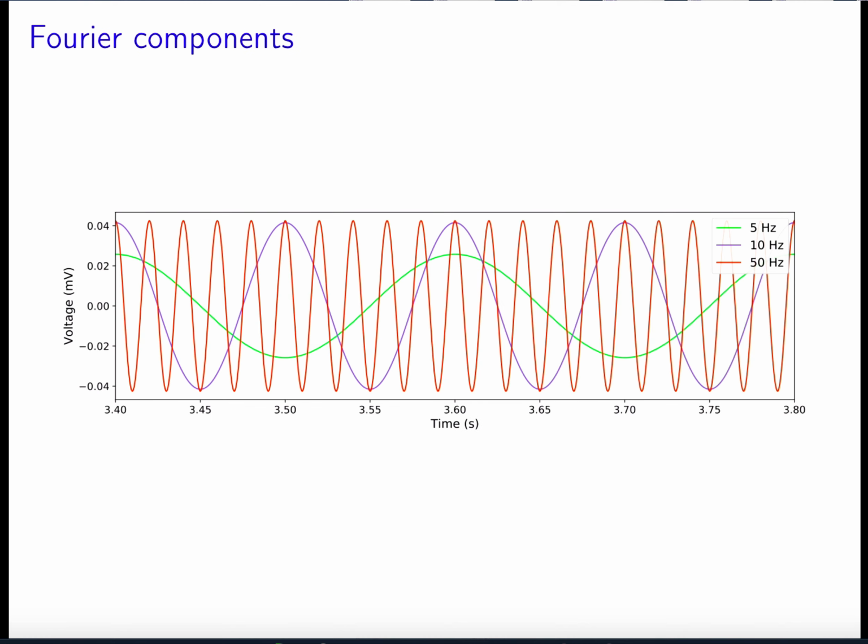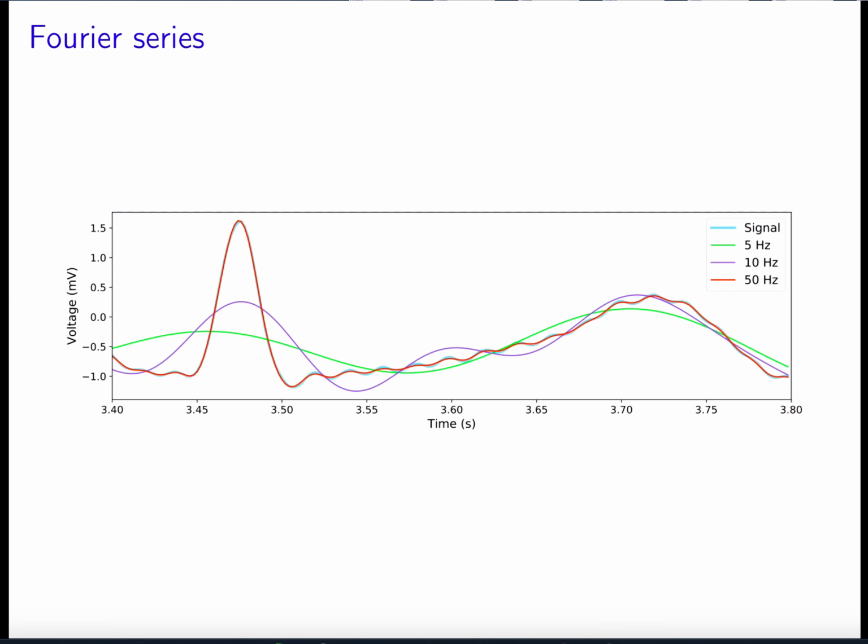This is even higher frequencies. This is the component at 50 Hertz that we had seen before that is quite prominent. And this is the approximation up to these different frequencies.